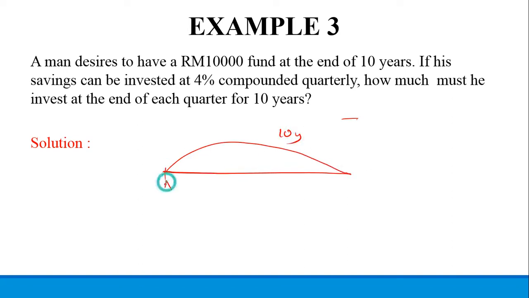This is A, this is S. At the end, you need 10,000. If the savings can be invested at 4% compounded quarterly, it means R equal to 0.04. Quarterly means M equal to 4. How much must he invest at the end of each quarter for 10 years? They want to find out what R is.